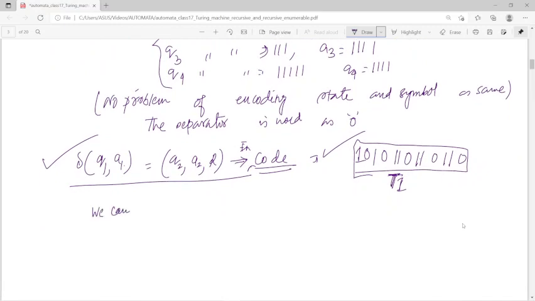So we can represent the transition, right?